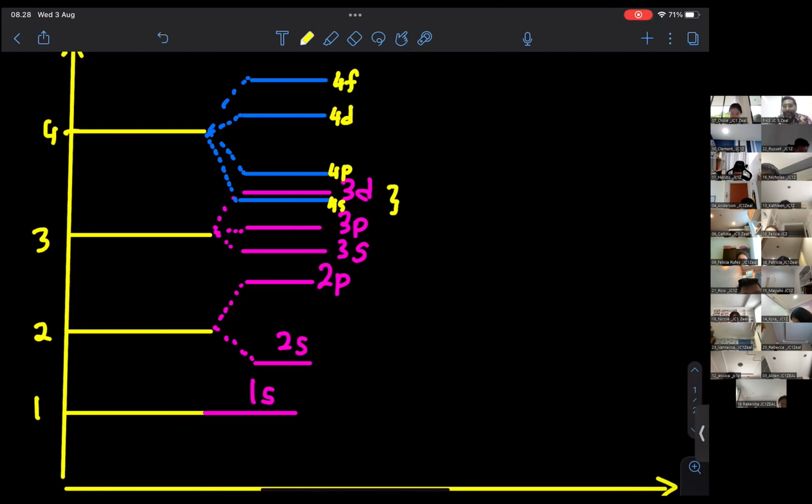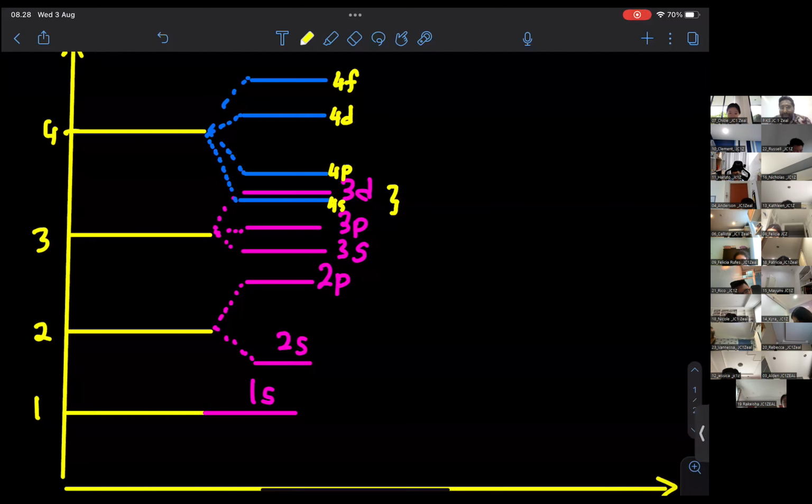In whatever subshells I've drawn, all of the subshells are higher in energy. But there is an overlap for principal quantum shell number 4, where the subshell 4s is slightly lower in energy than 3d. So you can assume that they have almost similar energy levels.